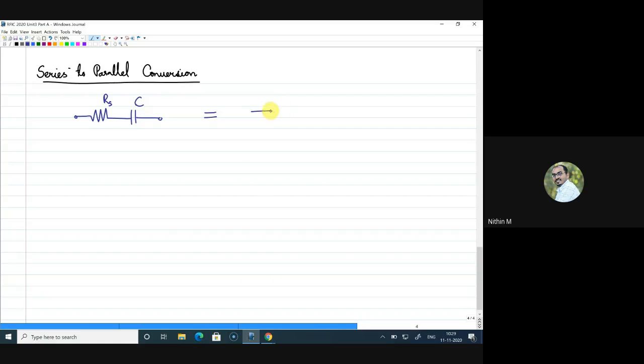This is your parallel RC network. Here I'll use Rp. To avoid confusion, for the series capacitance I'll put Cs, and for the parallel capacitance I'll put Cp, and let us see whether Cs and Cp are equal or not.